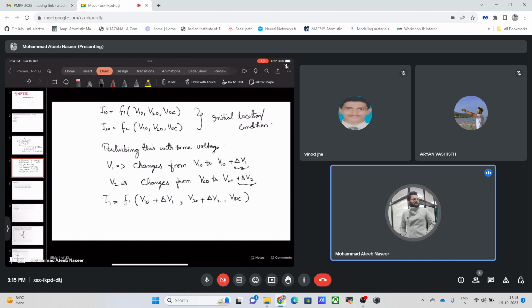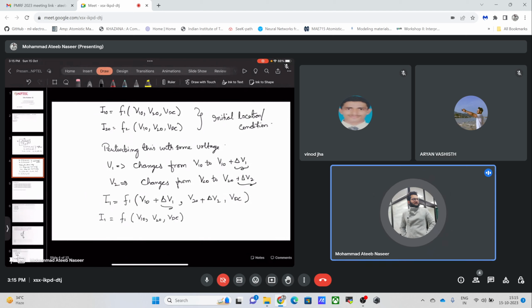Now if we use the Taylor series, the series for this would simply be I1 equal to F1 of V1 of 0, V2 of 0, and a function of VDC.